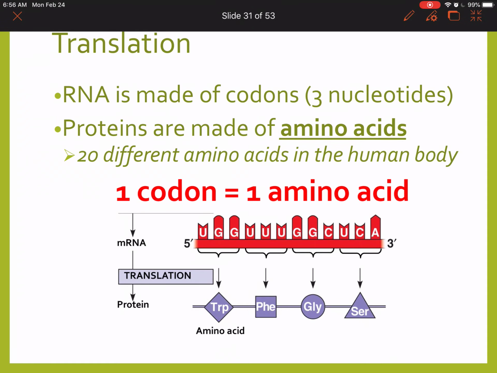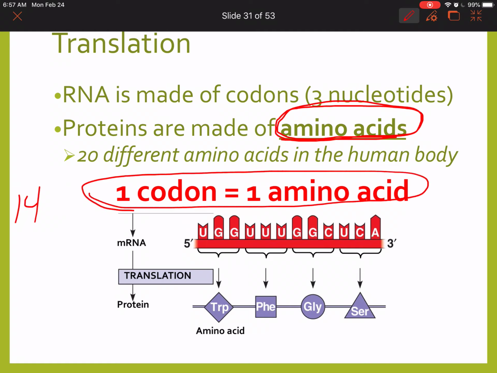Okay, when we translate, we're going to turn those codons into amino acids because proteins are made of amino acids. So if we're making a protein, we're going to do it 1 amino acid at a time. Guys, this is number, where are we? This is number 14 in your notes. It's kind of important. 1 codon equals 1 amino acid.